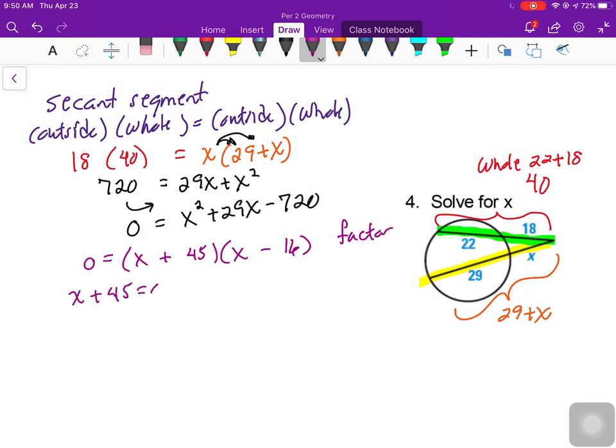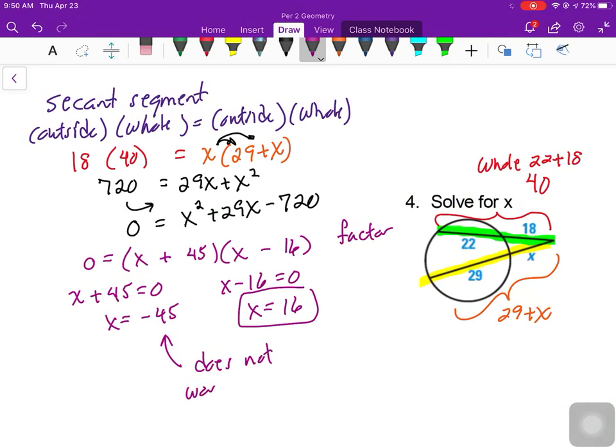I set each of those two factors equal to 0. Subtracting, I get negative 45. Adding, I get 16. The only answer that works here is 16. This one does not work here.